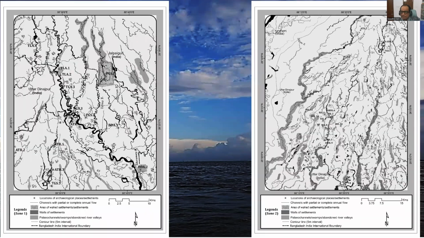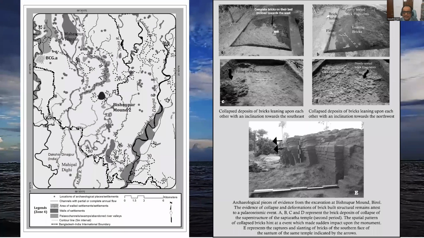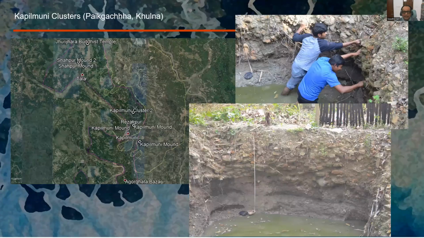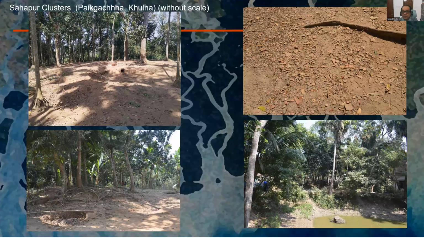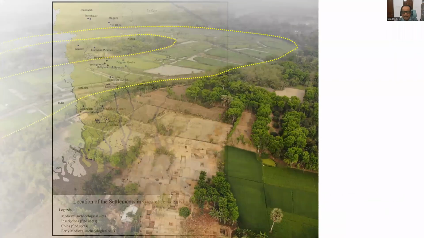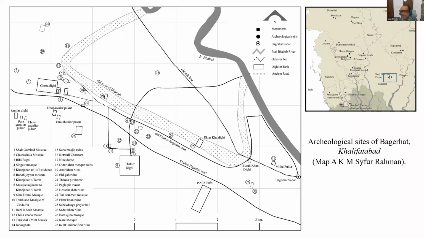This is the northern part, and we are not talking about that because we are out of space, out of time. This is the southern part, and I conclude my lecture with this. This is Khalifatabad, the medieval settlement, a medieval town, which was established according to the textual and oral sources by Khan Jahan Ali.